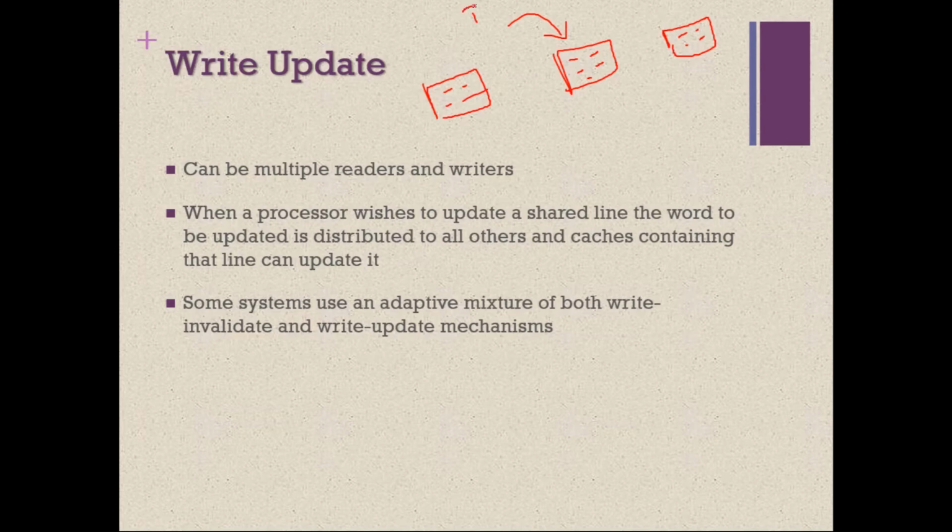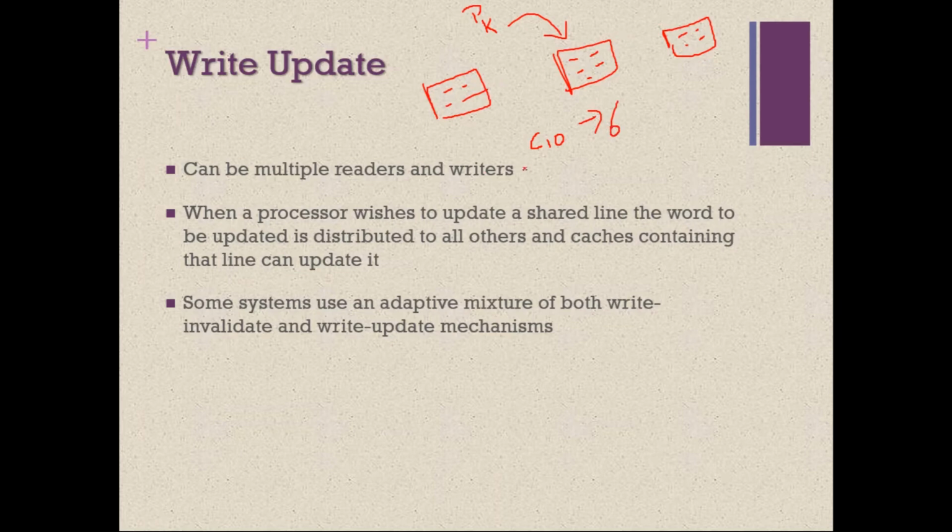Then after modifying, it will send a broadcast message to all the processors stating that in so and so line I have modified so and so word. For example, in this particular line, say cache line 10, I have modified this sixth word. This information it will communicate to all the processors.